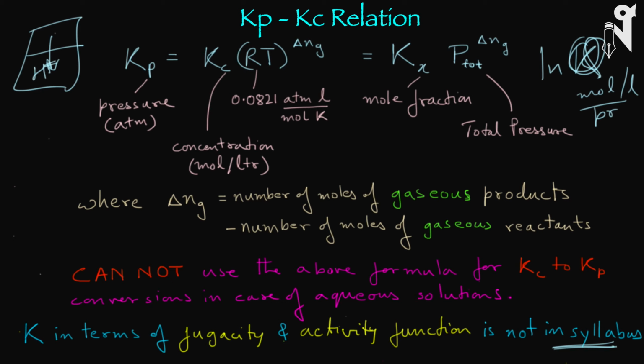H2 gas in terms of pressure and H plus ions in terms of concentration would be there in the same Q value. The basic reason is that we are actually using the activity and not concentration or pressure. So that time you shouldn't get confused, and remember that the thermodynamic equilibrium constant K was talking about the activity, and not concentration or pressure directly.